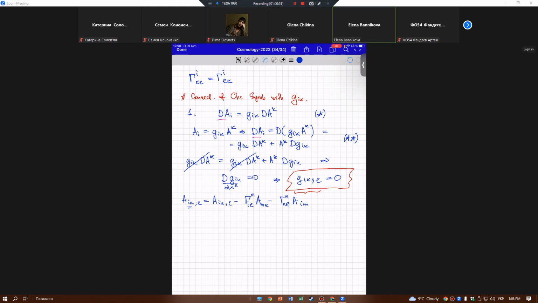Now I want to apply this to the metric tensor, so instead of A, I will put g. What do I write? The covariant derivative of g_ik with respect to l, which we now know is equal to 0. But if we write the full expression for the covariant derivative, we have the normal derivative of g_ik minus gamma^m_il g_mk minus gamma^m_kl g_im. Okay.